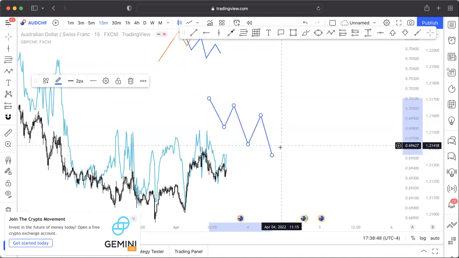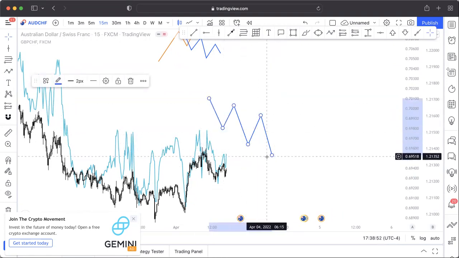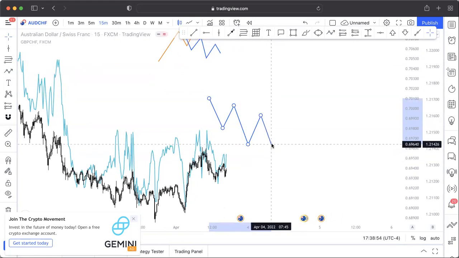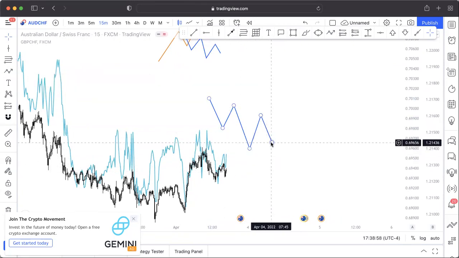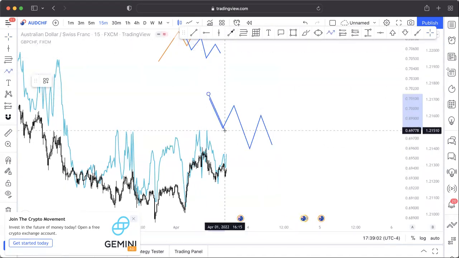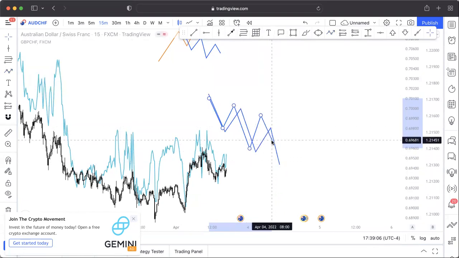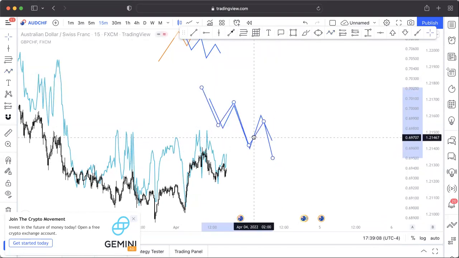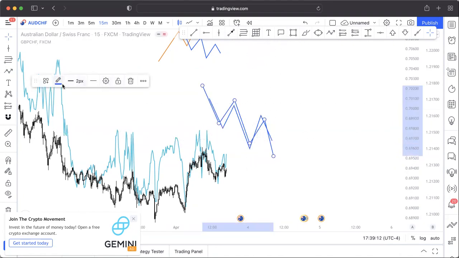Let's say one of the pairs you want to find the setup on is moving like that. Let's say you want to look at a reversal, but the other pair is still moving to the downside like that. In terms of time and price, this would be the exact same time and price.